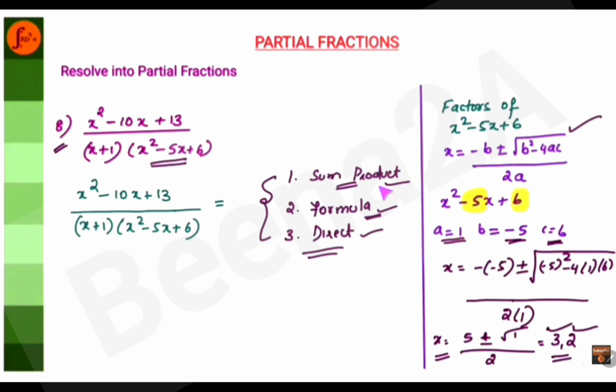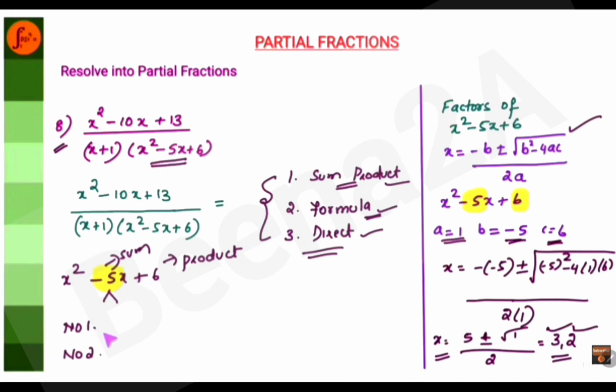The other method is sum product, right? Here you'll have to choose two numbers in sum product. So x square minus 5x plus 6. Choose two numbers in such a way that this is the sum and this becomes the product, right? So now sum has to be minus 5. So you have to choose two numbers, number 1, number 2. And when you add these two numbers, you should get minus 5.